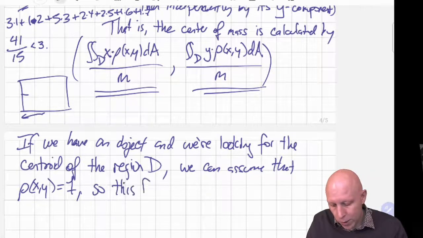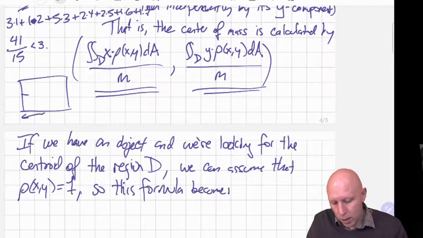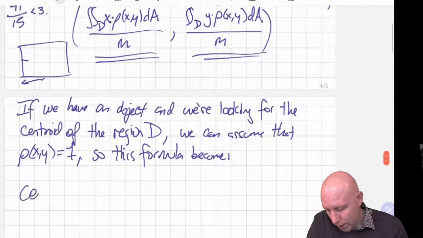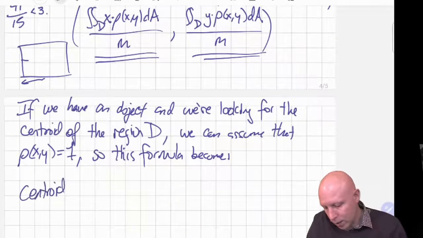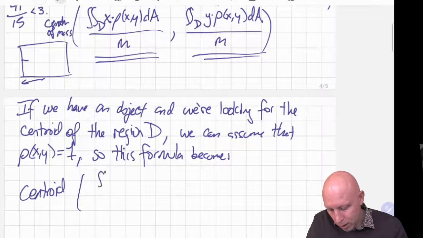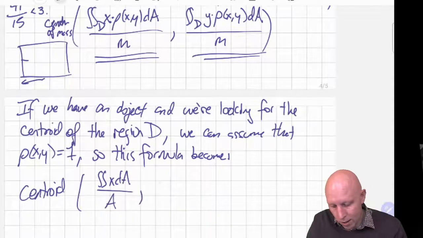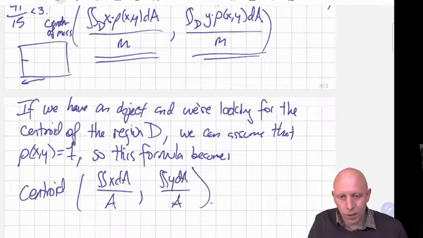So this formula becomes, so this was the center of mass, and the centroid is what happens when we integrate x dA divided by the area, and we integrate y dA divided by the area.